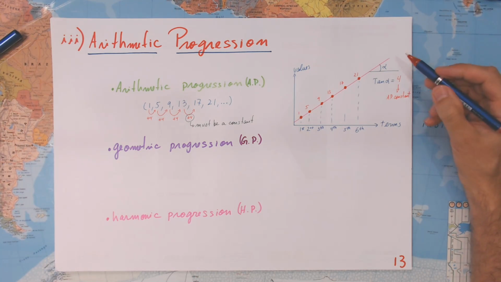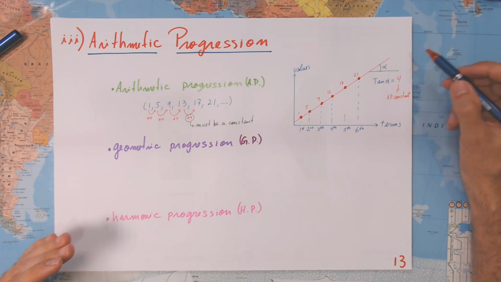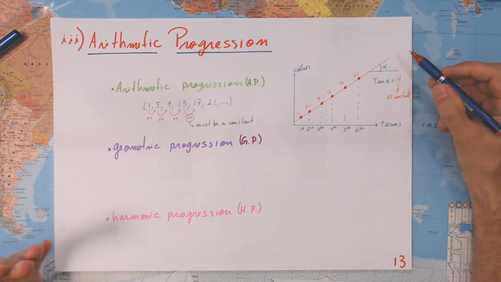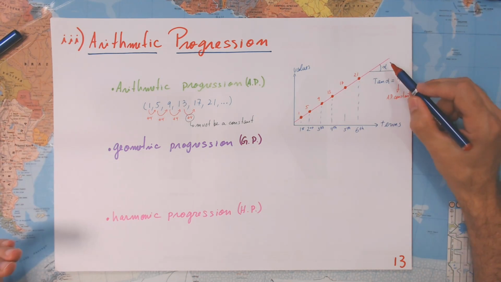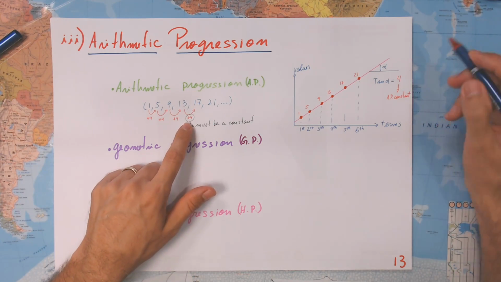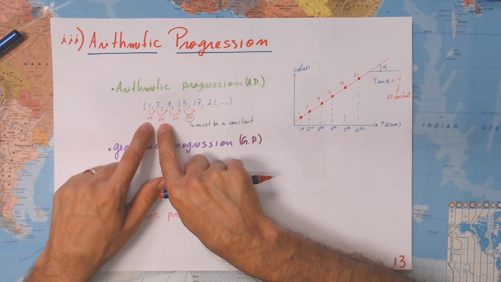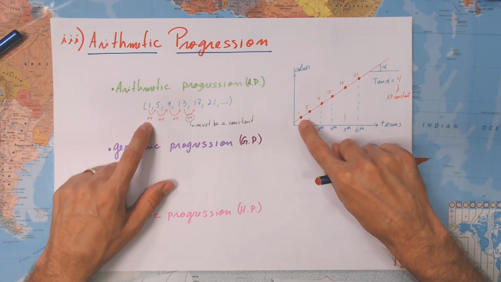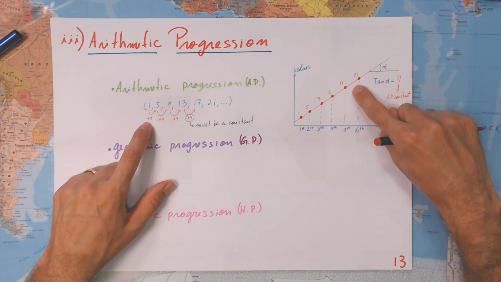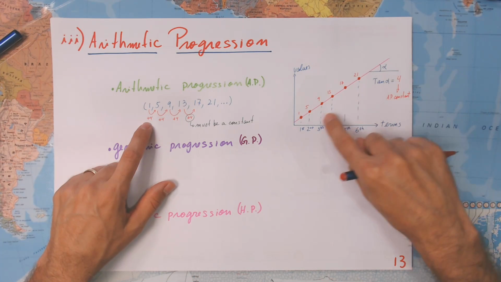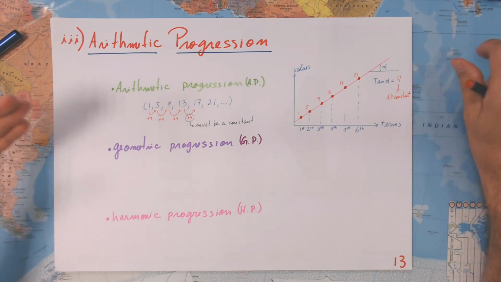So the tangent is alpha, and why is it a straight line, a perfect line? Because we are not changing whatever it is being added. It is always 4. That is why we are always going to have the same tangent line, and that is why we are going to form a perfect line.